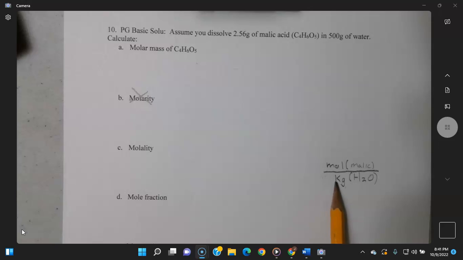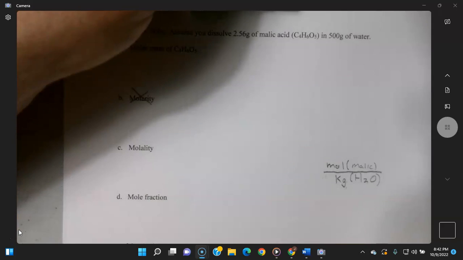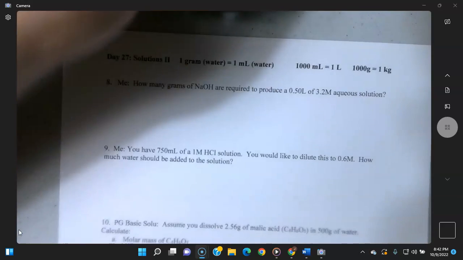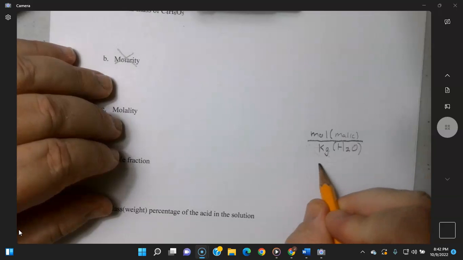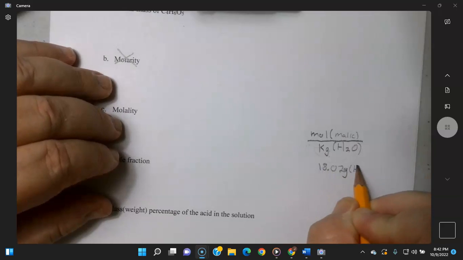You convert 1 kilogram to grams using the conversion up here, and then you convert grams of water to moles of water using the molar mass for water.